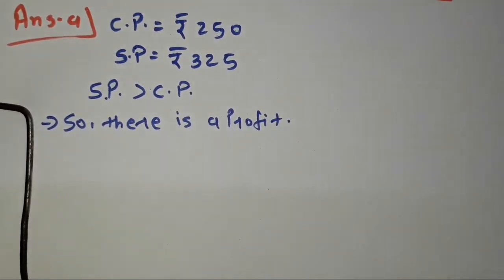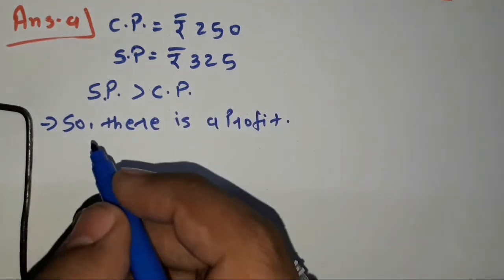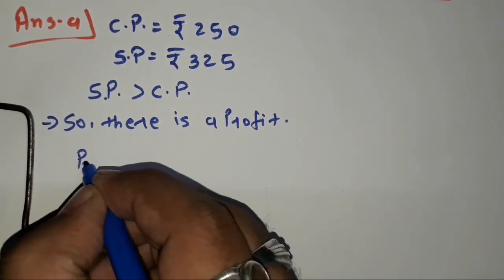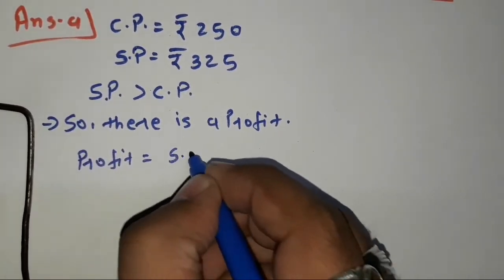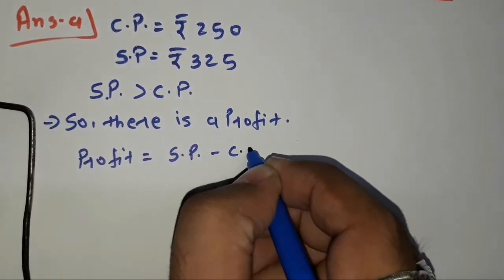Now our next step will be what? Now first of all we have to find profit. Now we know that it is the case of profit, but here we have to find how much profit, and profit percentage. To find how much profit, as we discussed in the introduction, profit is equal to selling price minus cost price.